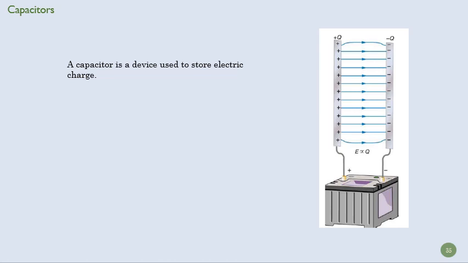But they're still attracting across this gap. They're still pulling each other towards each other, right? The negative charges are pulling towards the positive charges. And so it fills this plate here and this plate with positive and negative charge. And that's called charging a capacitor.